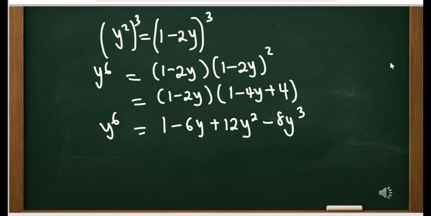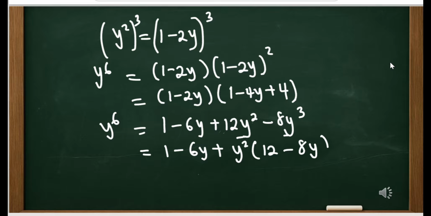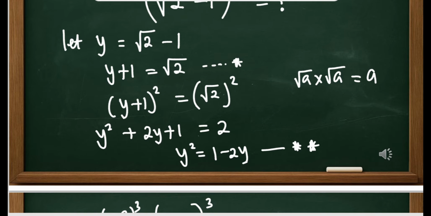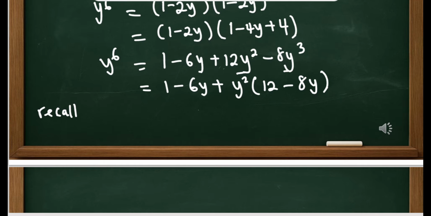And from this, the expression can further be written as 1 minus 6y plus, if you look at this and this, y squared is common to both. Here I can factor it out and have 12 minus 8y. And I want you to recall from this given equation star star, y squared is 1 minus 2y.